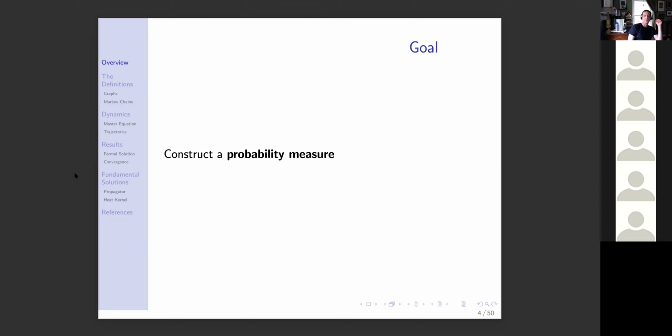I want to construct a probability measure, a probability rule on the space of trajectories in a continuous time Markov chain. I'll explain all of this in the talk, what these terms mean. So you don't have to worry about it. In fact, something like 97% of the talk is completely self-contained. All you need to know is something about differential equations and some linear algebra, and not much more than that. Some calculus, maybe. Okay, so I'm going to get started.